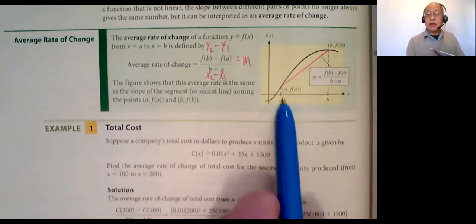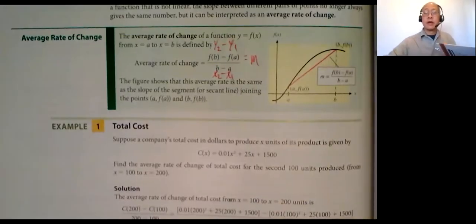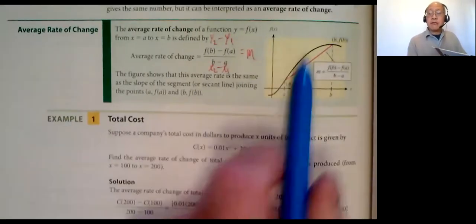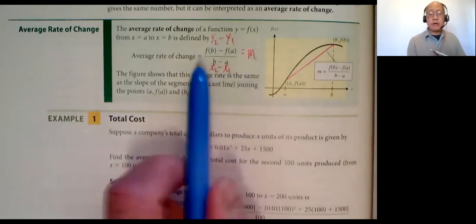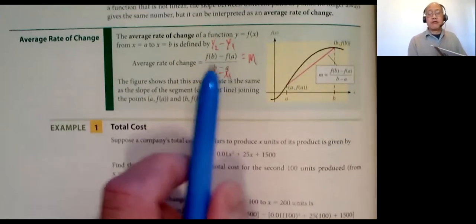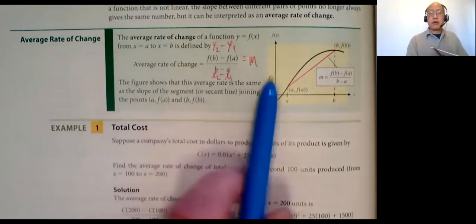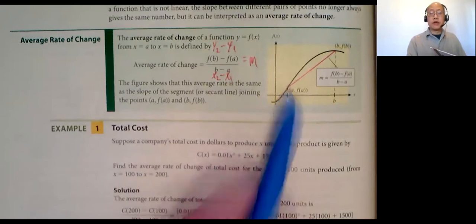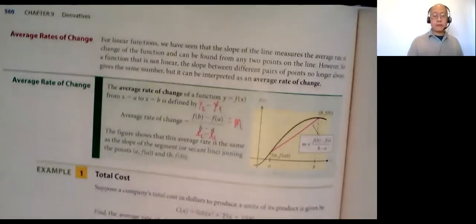So f of b minus f of a on top, that's y2 minus y1. And in the bottom, b minus a, that's like x2 minus x1. So don't be all freaked out by this new formula. It's slope. It's the slope of the line joining the two endpoints that they have here for average rate of change. All right, I'll show you problems involving that.